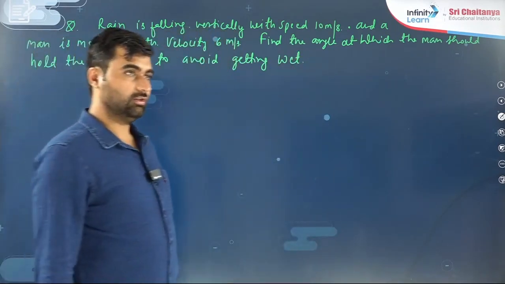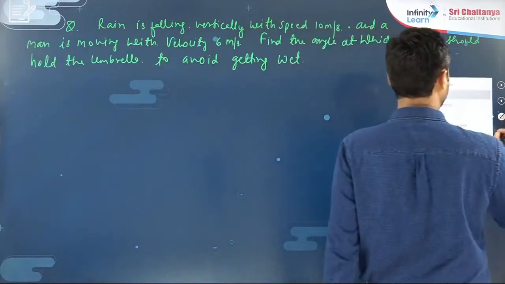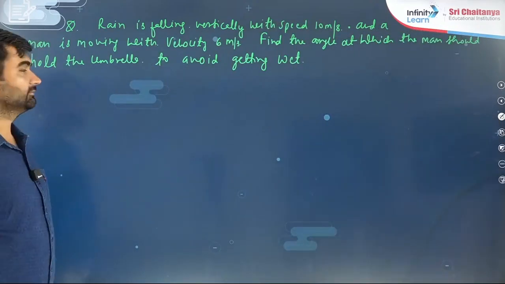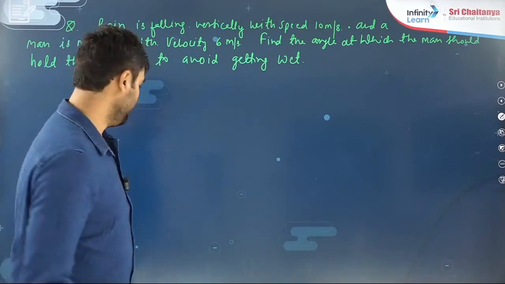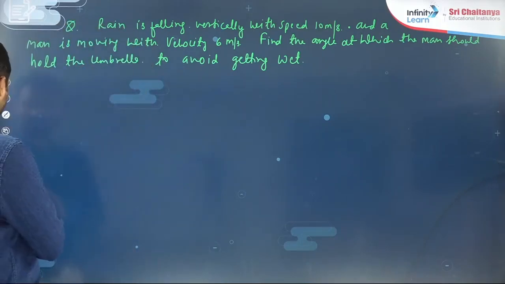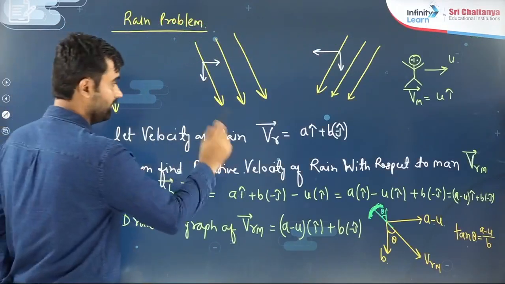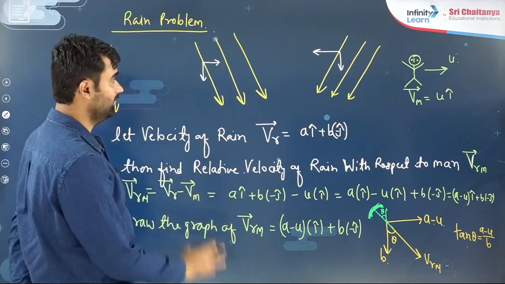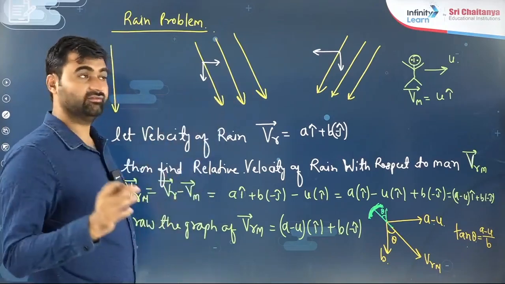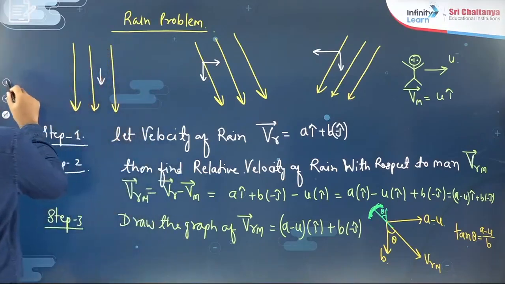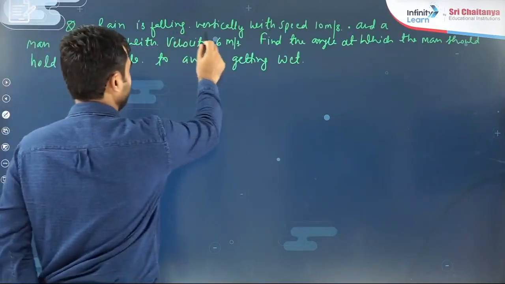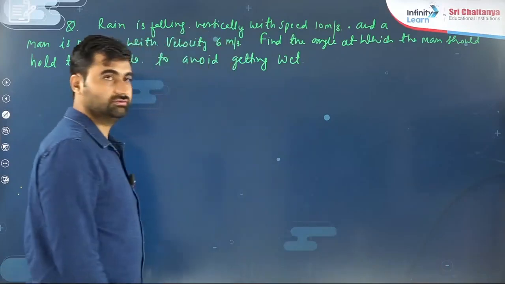Okay. Now how to solve this question? We understood here how to proceed. So what is the first step? First, you have to assume the velocity of rain. Out of these three cases, which case is given? How is rain falling? Rain is falling vertically downward. In the question it is written that rain is falling vertically downward.